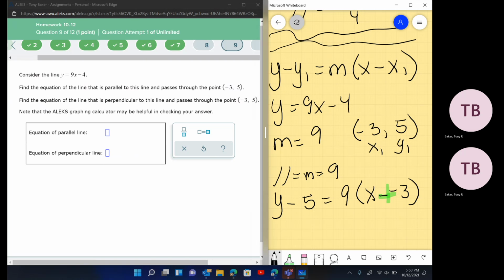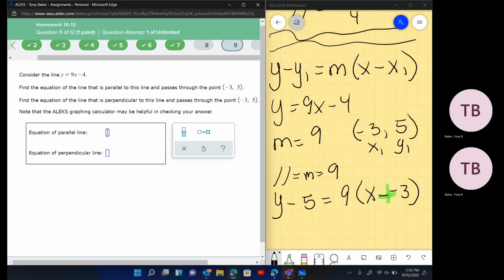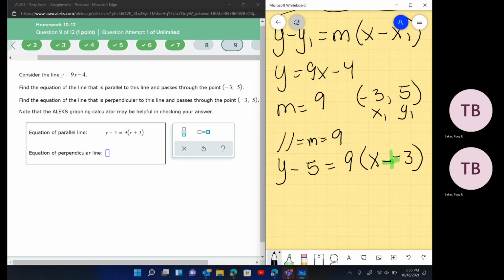We'll have to do the perpendicular one, but that's actually all you have to do. So y minus 5 equals 9 times x plus 3. The only thing that's going to change between the parallel and the perpendicular line is what? The slope. Everything else stays exactly the same.